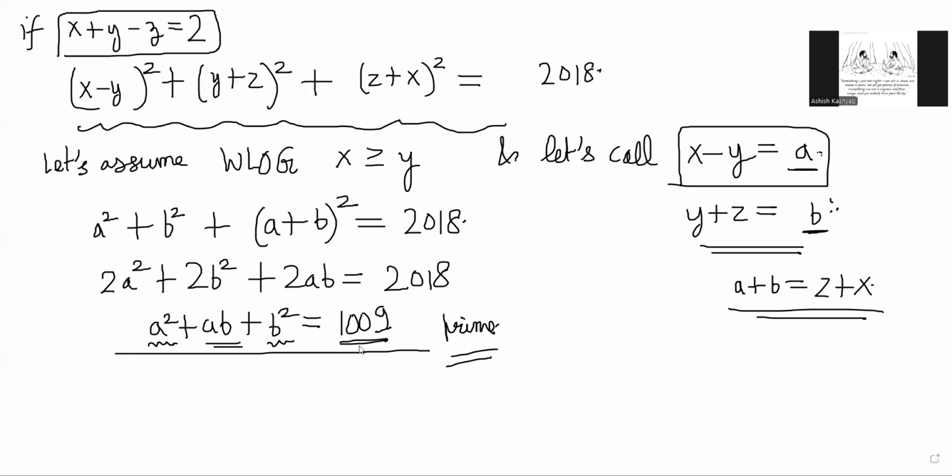So 1009, let's think of the squares that we have. 30 square is 900, 31 square would be 961. 29 square is 841, 28 square is 784, 27 square is 729.